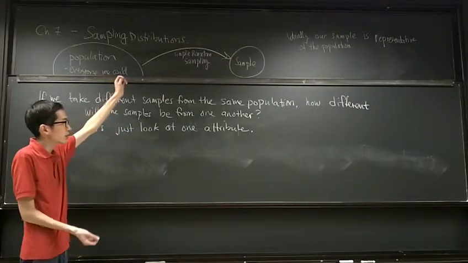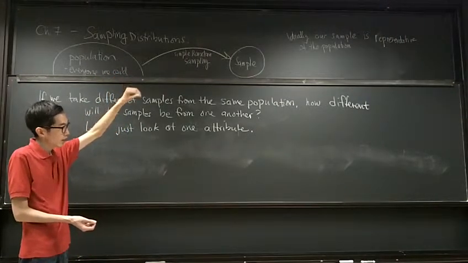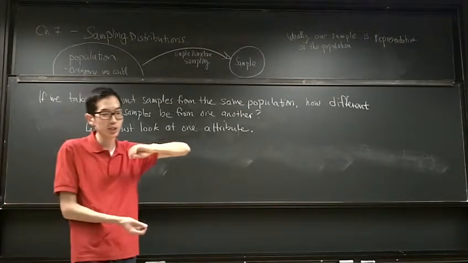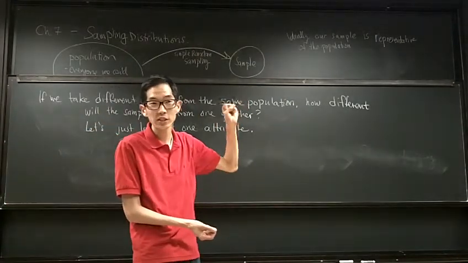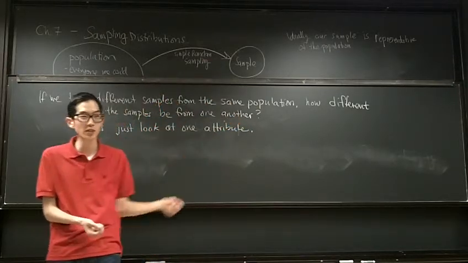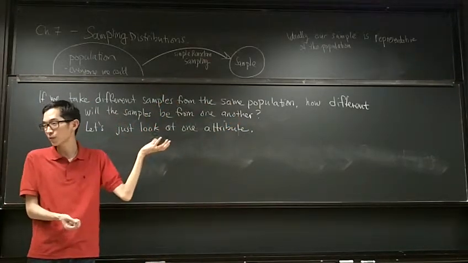For one thing, if we're dealing with diabetes, we could look at the average blood sugar levels of each person and get an average number for the sample.